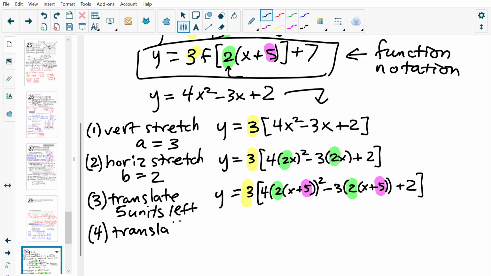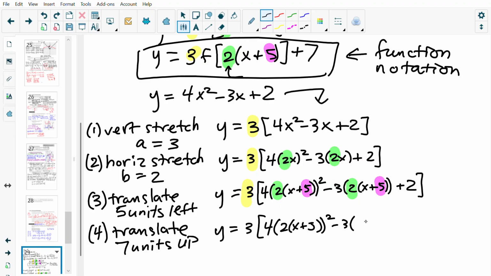Okay, and then let's do the last translation. So translate 7 units up. Okay, translate 7 units up. Y equals 3 times 4 times 2 times x plus 5 squared minus 3 times 2 times x plus 5 plus 2.